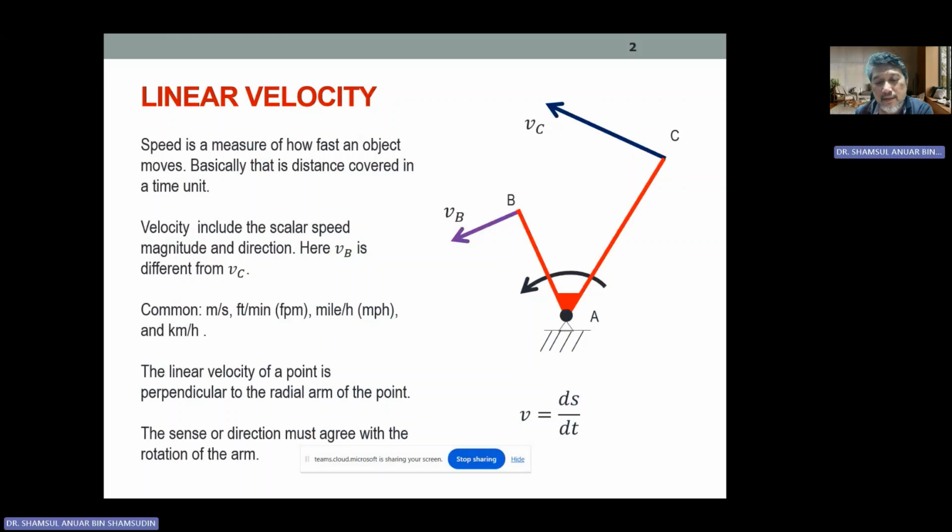You can rotate in any of the two directions, counterclockwise or clockwise. Usually the linear velocity is measured in meter per second, feet per minute, or FPM, or miles per hour, or kilometers per hour.